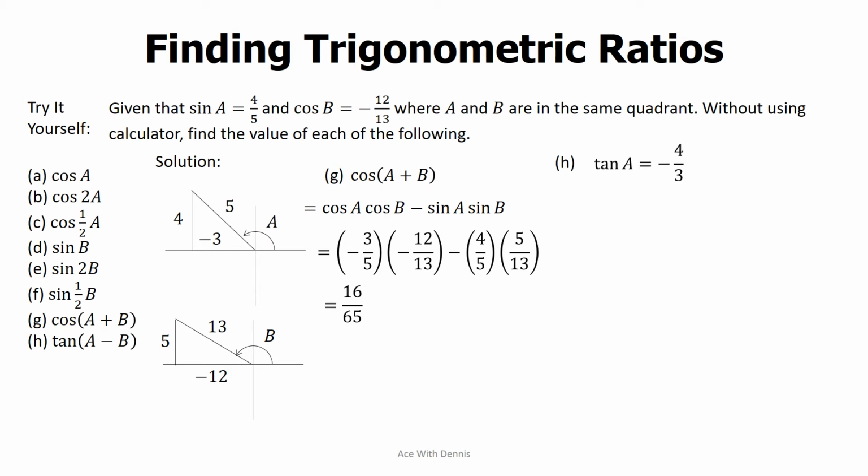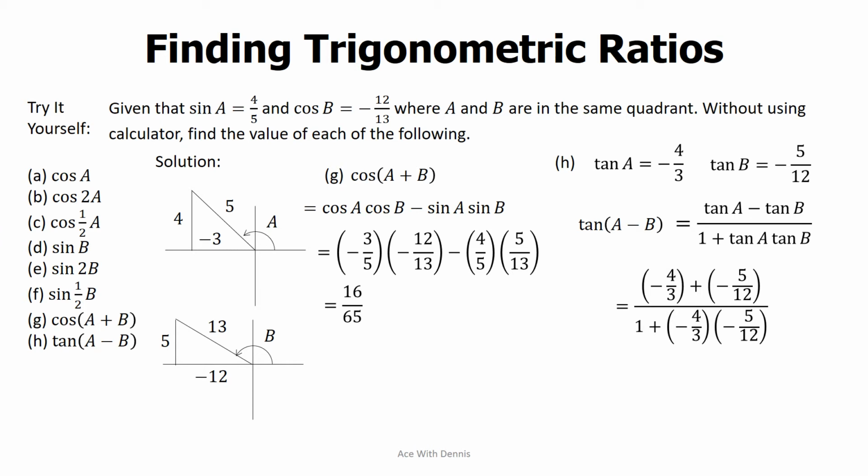H. Tangent (A minus B). So firstly, we need to find tangent A equals -4/3. Tangent B equals -5/12. We get these values from the diagram. Okay, so from here, tangent (A minus B), the formula is equal to tangent A minus tangent B over 1 plus tangent A tangent B. Then we put in the values, right?